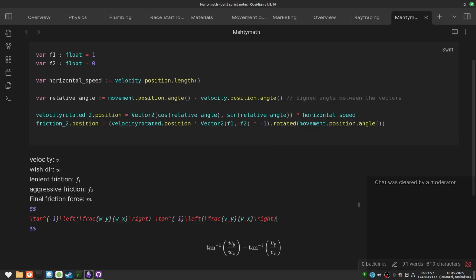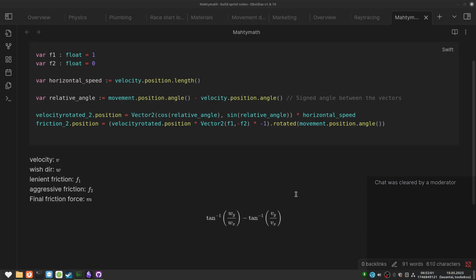Nice. I have this. And so this is the relative angle.